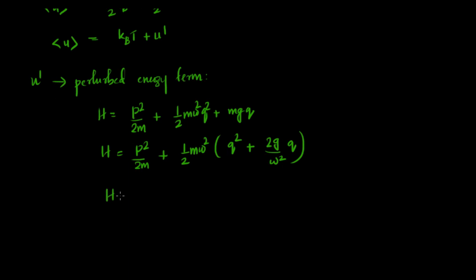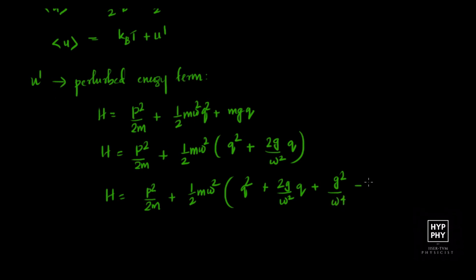What I'm going to get is H equal to p square by 2m plus half m omega square times q square plus 2g by omega square into q plus g square by omega raised to 4 minus g square by omega raised to 4, right? And now if you cancel this term, you will get the same term, because I just want to make it a square term.